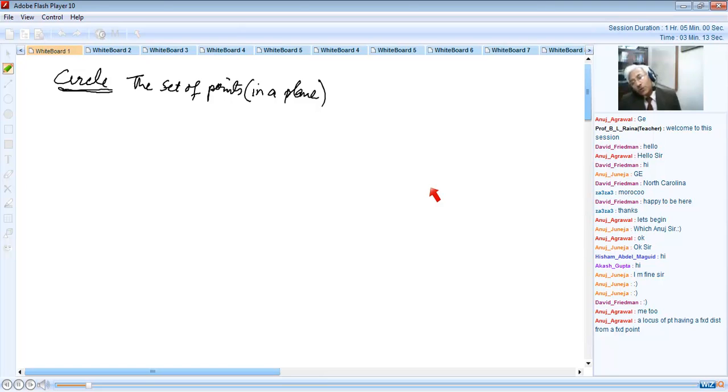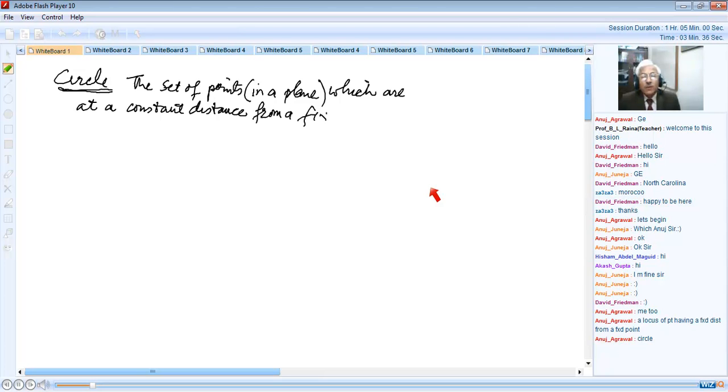These days we do not talk about locus, we talk of a set of points, which are at a constant distance, at a fixed distance from a fixed point. Those set of points form a curve called a circle.